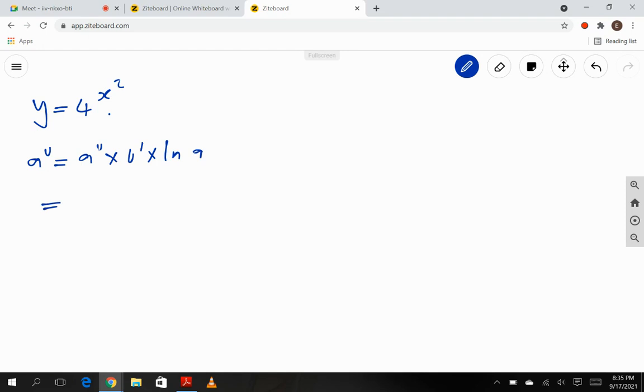Okay, so what's our a? Our a is 4 in this case, right? So we are going to say 4u. Let's write our u. So our u is what? Our u is x squared. Then our u prime is 2x, so you write that 2x.